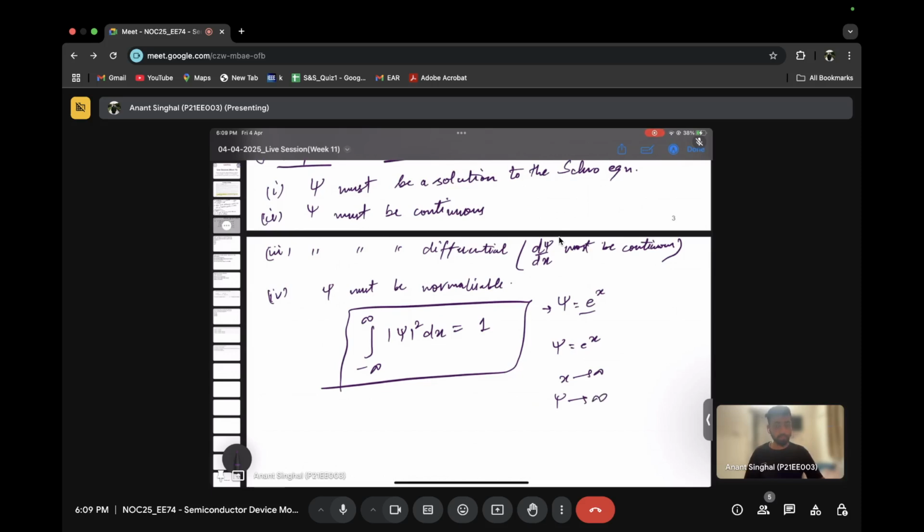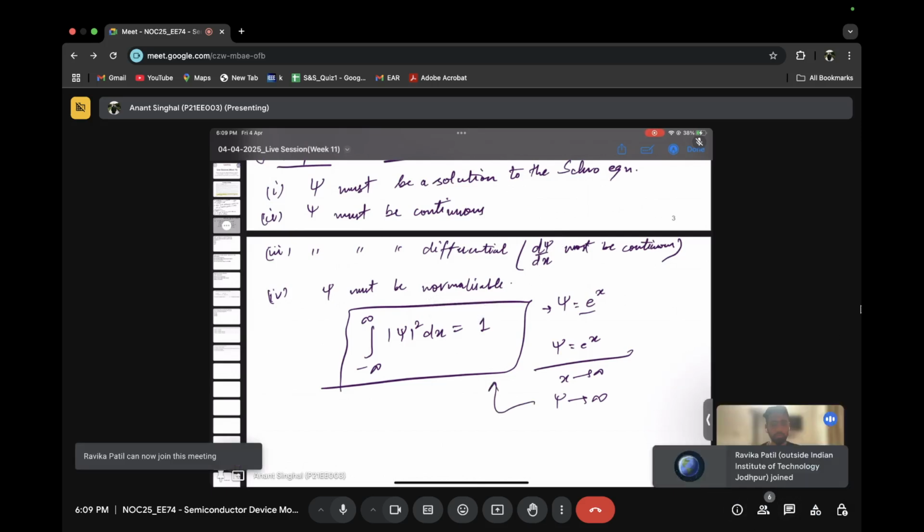So can we take this wave function? Yeah, the sum of the entire wave function or the probability should always be equal to 1. So e raised to power x cannot be a wave function. That is what I meant by normalizable, that it should not blow up.